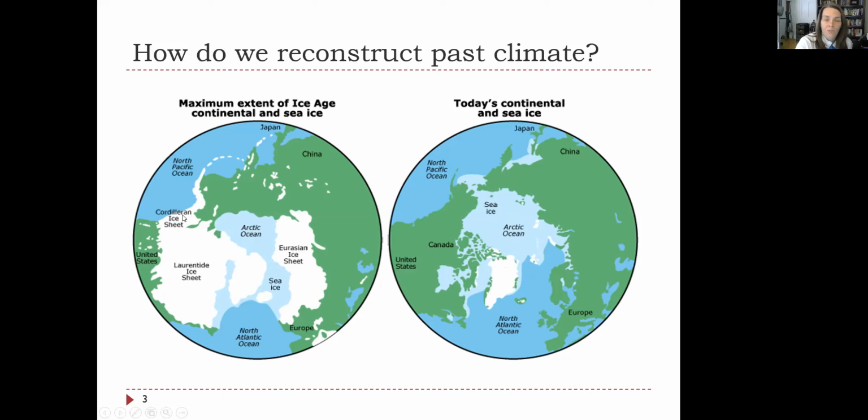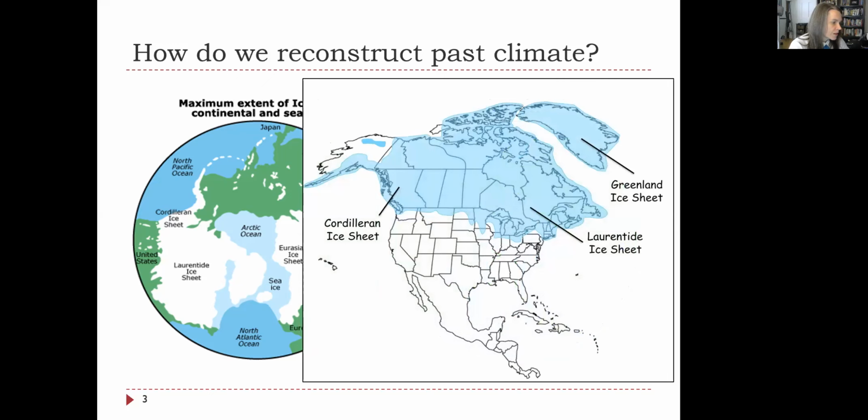The last glaciation was significant in North America compared to some other places. The Laurentide ice sheet is the one that covered North America. Then we have a Eurasian ice sheet, the one that covered Europe and also some parts of Asia, but mostly down into Europe. That ice sheet extended as far as 37 degrees north latitude. Here's an image showing that in a little more detail, so you can see what this looks like in North America.